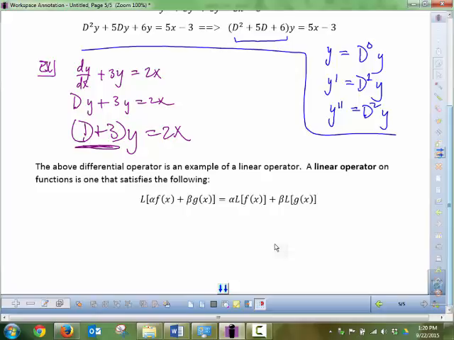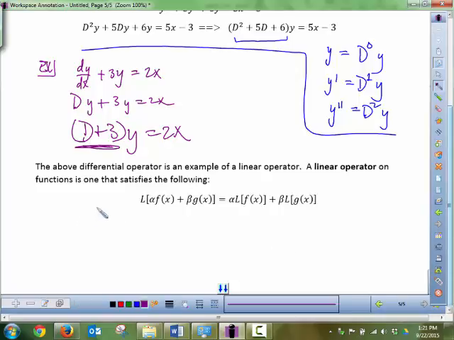What are the two linear operators that you guys should know really well? So two examples of linear operators are the derivative and the integral.